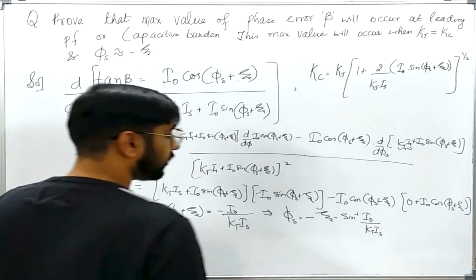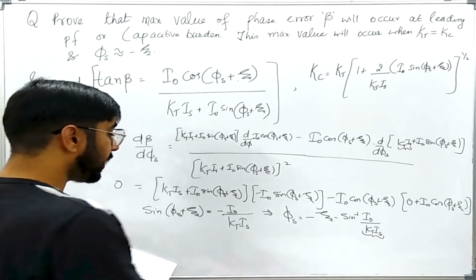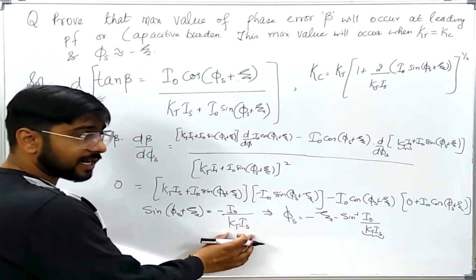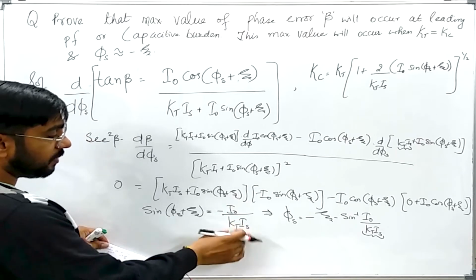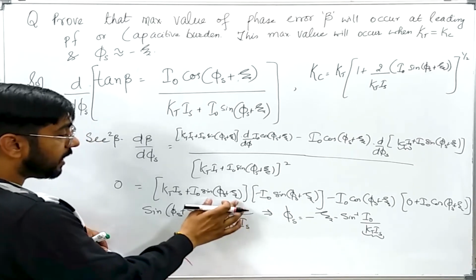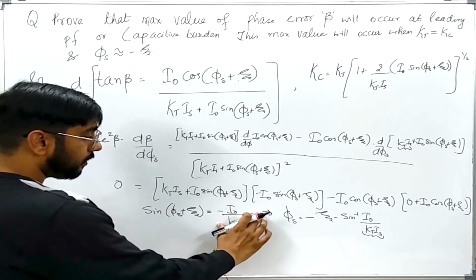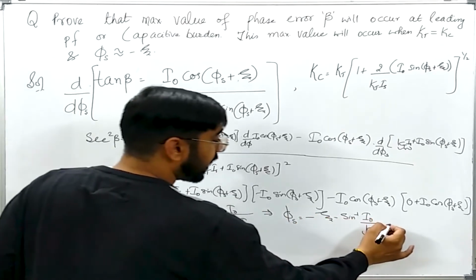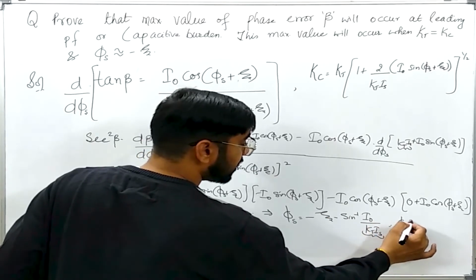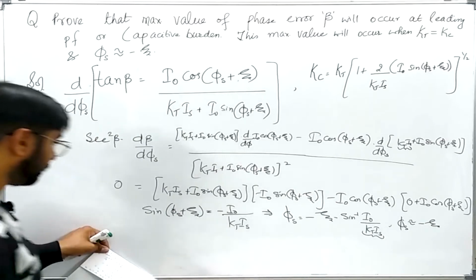Now this quantity I naught over Kt is is very small, because Kt is is very large compared to I naught. The primary current is approximately equal to Kt is times the secondary current, and I naught is only 2% or very small compared to that. So we can neglect this, and we can write that phi s is approximately equal to minus zeta.